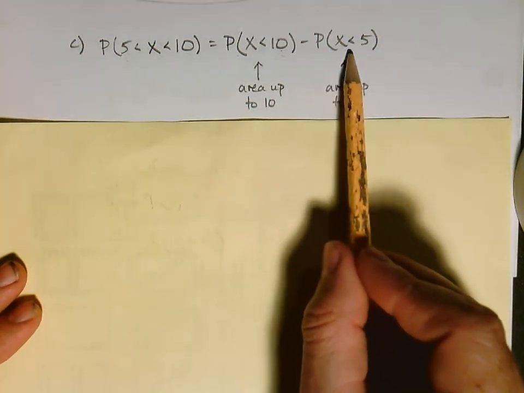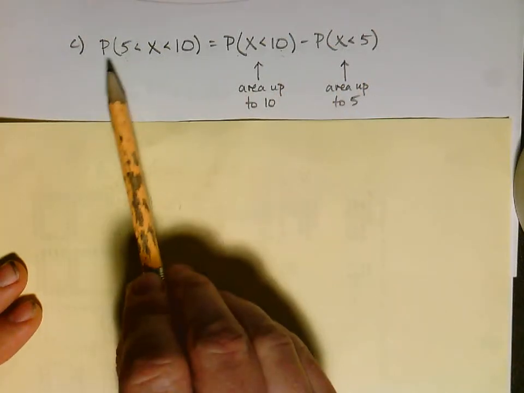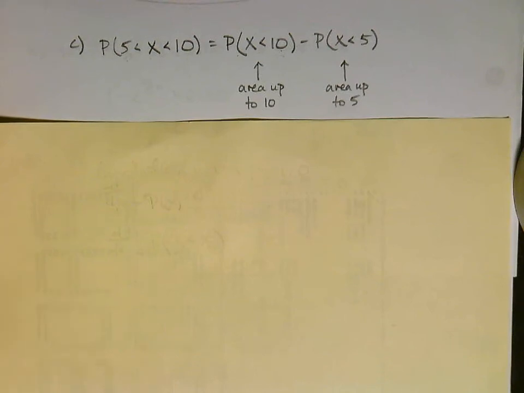If you subtract the area up to 5, then you're left with only the area between 5 and 10. So to make sense of that, you can look at the graph that's given there underneath part C. If we find all of the area up to 10, that'd be like the line at 10 all the way back to 0, but then we're going to subtract the area from 5 back to 0, and it's going to leave us with just that little bit of area between 5 and 10.